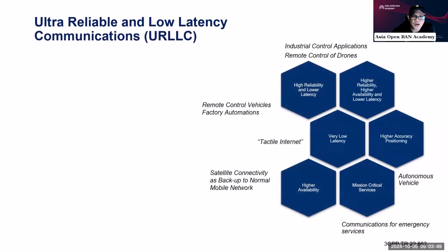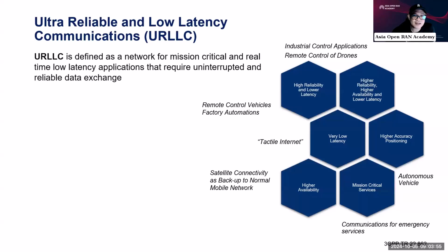Next is the URLLC, or the ultra reliable and low latency communications. Okay, so this is defined as a network for mission critical and real-time latency applications that require uninterrupted and reliable data exchange. Most of the time we are using it especially if there is a stake, na masacrifice yung human life or safety.